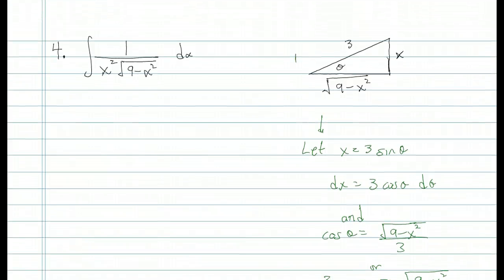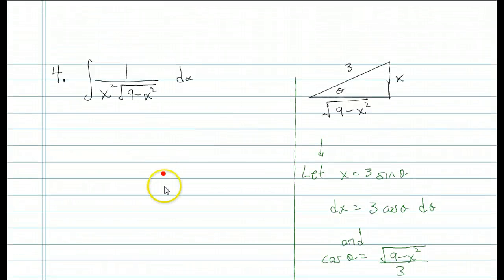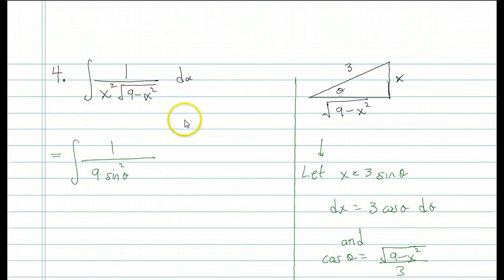Now going back up, plugging that into our integral, x squared gives us 9 sine squared theta in the denominator, replacing the square root of 9 minus x squared by 3 cosine theta, and then dx gets replaced by 3 cosine theta d theta. After that, we're just going to simplify our integrand involving theta and then integrate.